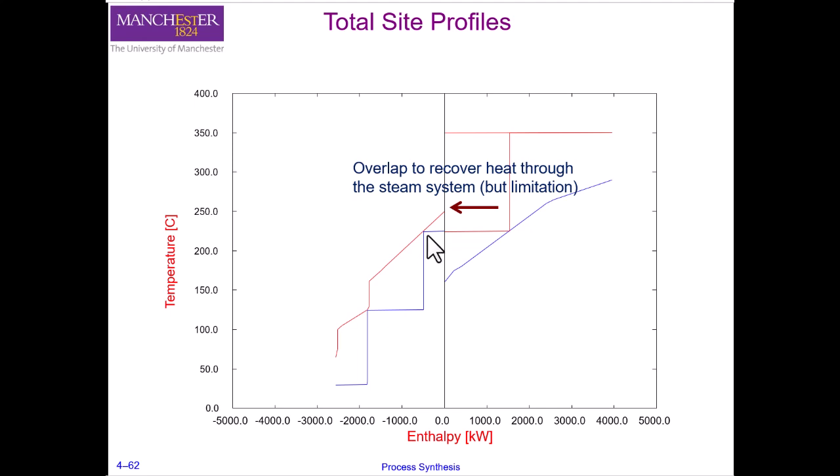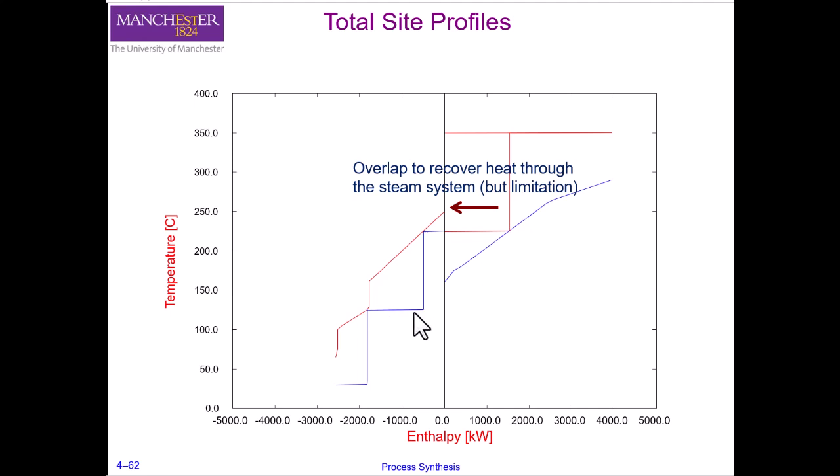We show the utility stream at its actual, real temperature, and consequently where they touch the actual profile, we have a delta T min of the original value for the process. As we have shifted our hot stream down by a whole delta T min, there is a whole delta T min in between our real temperature of the steam generation and the actual process that is generating the steam.